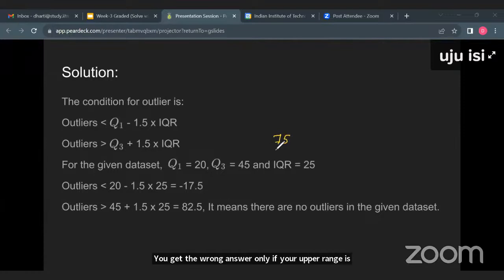You know the concept, but your calculation is wrong. If in the data set there was a point 80, then you would say there is one outlier, but actually the upper limit is 82.5. So you will get the wrong answer by wrong calculation. Just be careful while calculating. That's all for today.